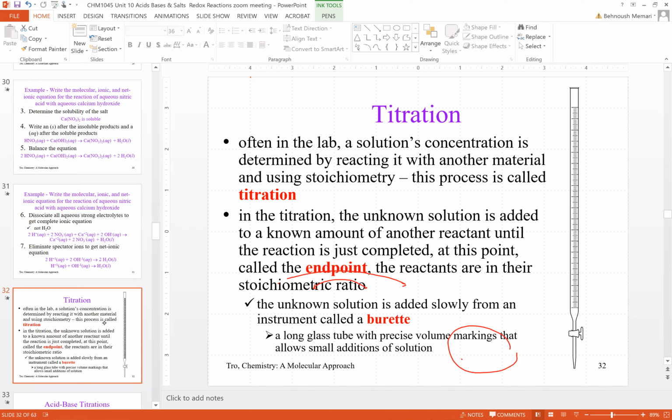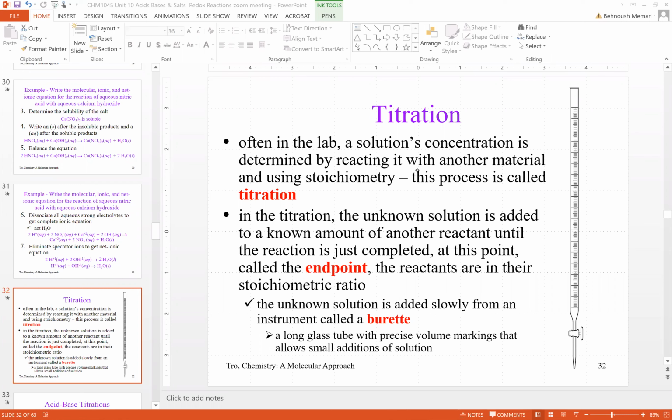From the acid-base reaction, we can use titration. Titration is a method to determine the concentration of an unknown solution, an unknown acid or base, if you have a standard, which is an acid or base with a known concentration.